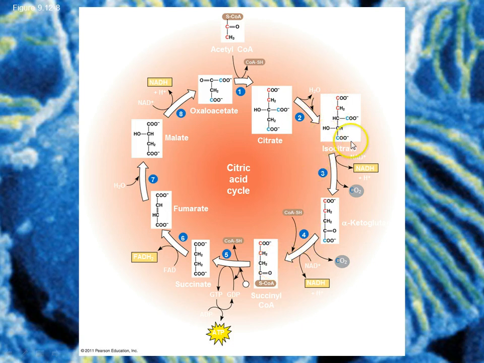What they do is keep reducing NAD plus into NADH. Remember, a gain of electrons is reduction. They also strip off carbons, and notice that this happens a couple of times as well. So here's carbon being stripped off this molecule, carbon being stripped off this molecule. So we go from a 6-carbon molecule up here to a 5-carbon to a 4-carbon molecule.